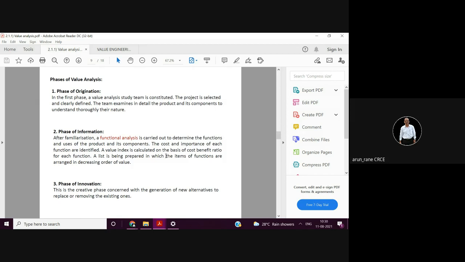Then comes the phase of innovation. And not only function analysis, it's not only one function. There can be multiple functions. Like suppose if I take a car, the car should run smoothly. There should not be jerks.